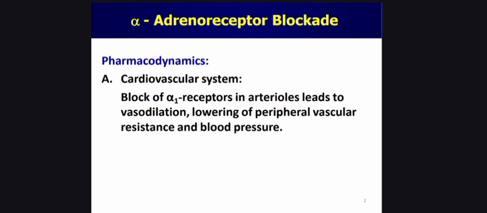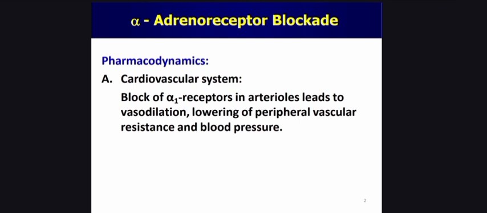You need to know something we'll talk about more next year in the cardiovascular system: the blood pressure in our body is controlled by two main parameters. First one is cardiac output, how much blood is coming out of the heart. The second determinant of our blood pressure is the peripheral vascular resistance, meaning the resistance of the blood vessels.